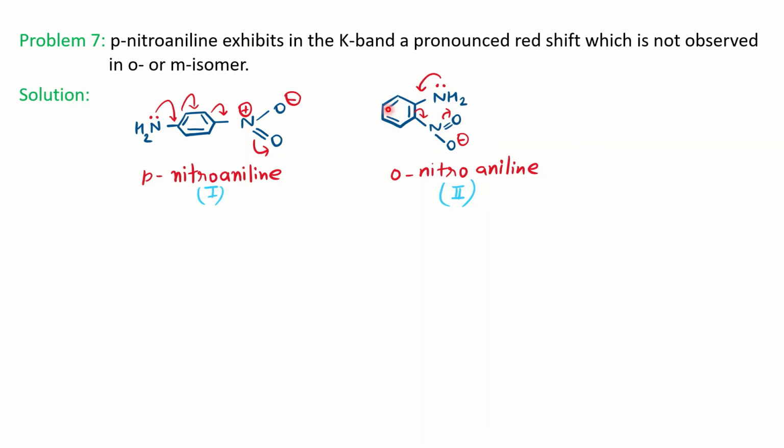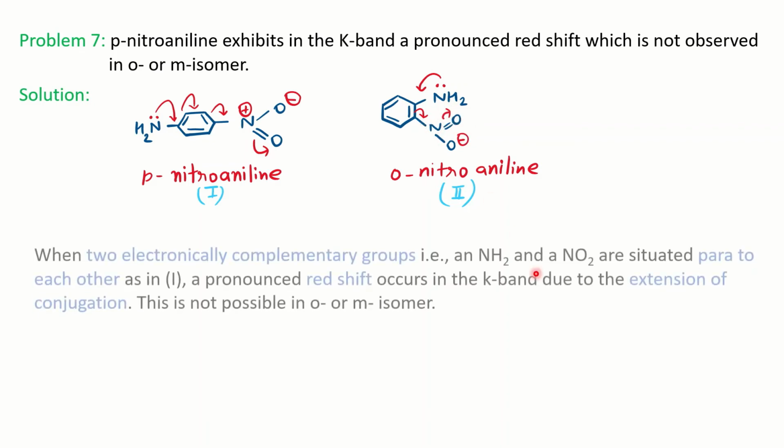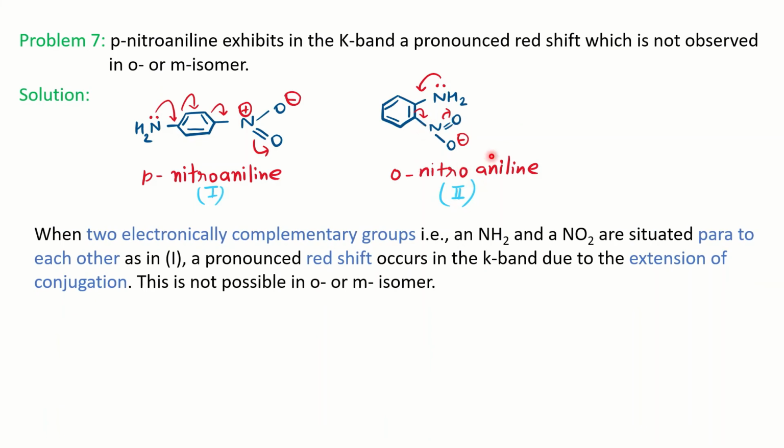The two double bonds of the aromatic ring are not participating here. Moreover, you have steric crowding here, so the molecule will lose its planarity and the effective conjugation will not be there. Therefore it absorbs at a slightly lesser wavelength.